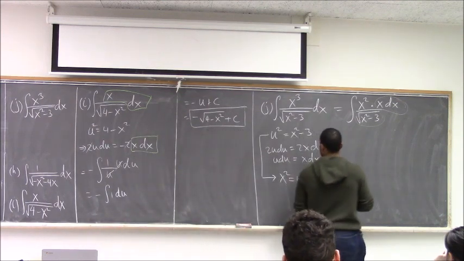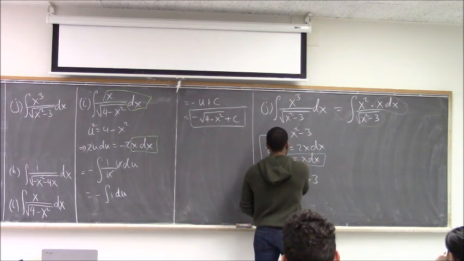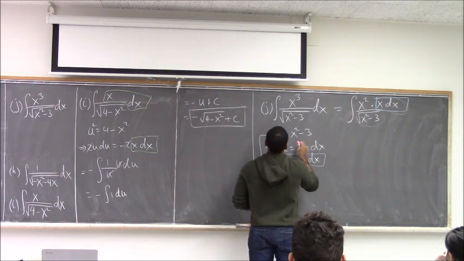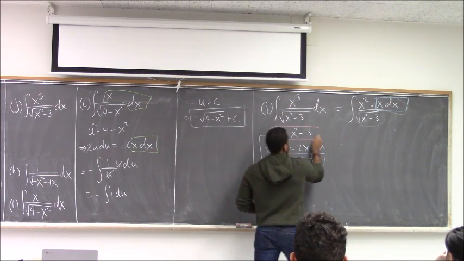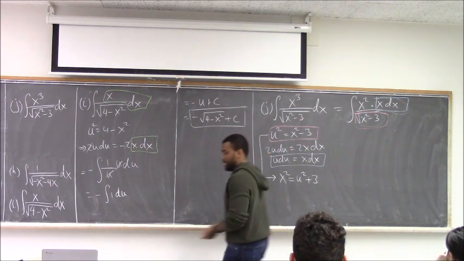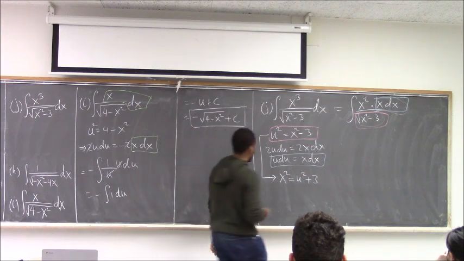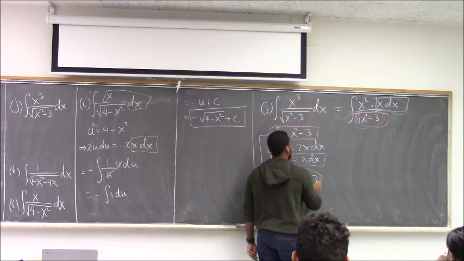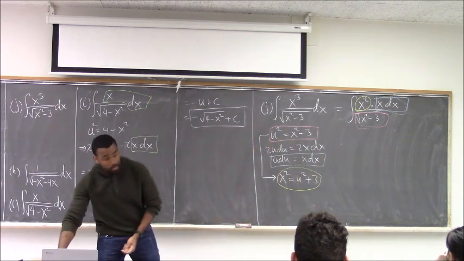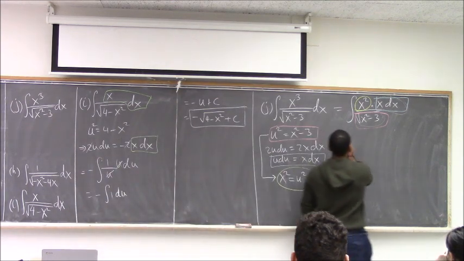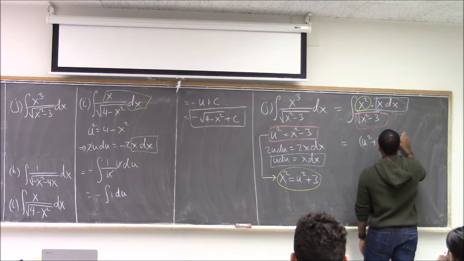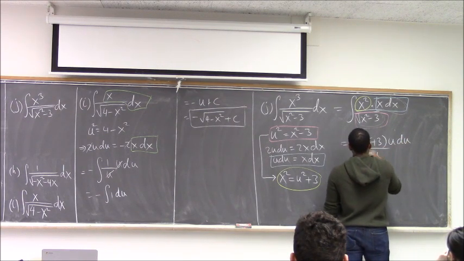So I'm going to plug in these substitutions over here. This is going to replace that, and this is going to replace that. And of course my x squared is going to replace that. So I'm just going to swap those guys in. And so this integral is going to look like u squared plus 3 times u du divided by u.